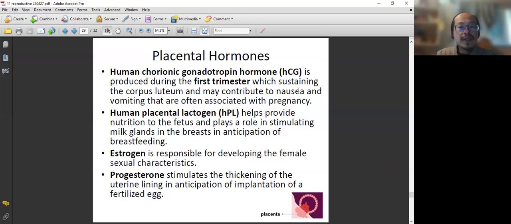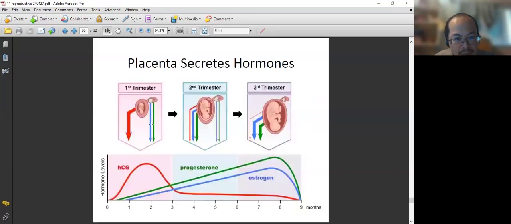It's because once the placenta grows to a certain level, it can produce its own estrogen and progesterone. So when the placenta is large enough, we don't need the corpus luteum. But before that, we need the corpus luteum to produce the estrogen and progesterone. As I show you here, in the first trimester, the placenta produces HCG, and the corpus luteum produces estrogen and progesterone.